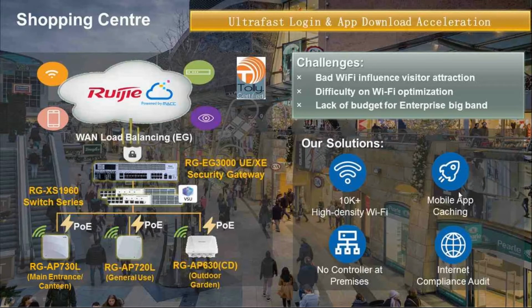If you use the mobile apps caching in our security gateway, whoever connects to the Wi-Fi will straight away get the mobile application directly from our security gateway, without going out to the internet to download it. So we support caching in our security gateway. This is one of the features in the security gateway, and we propose it for the shopping center.